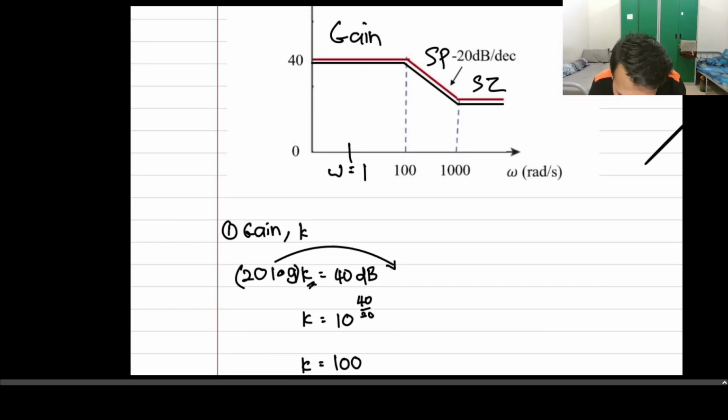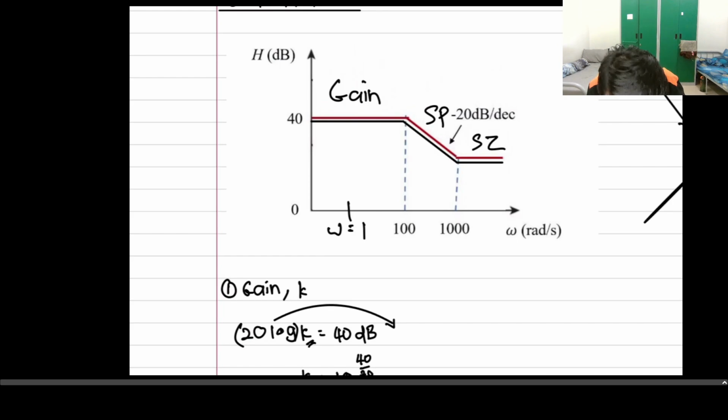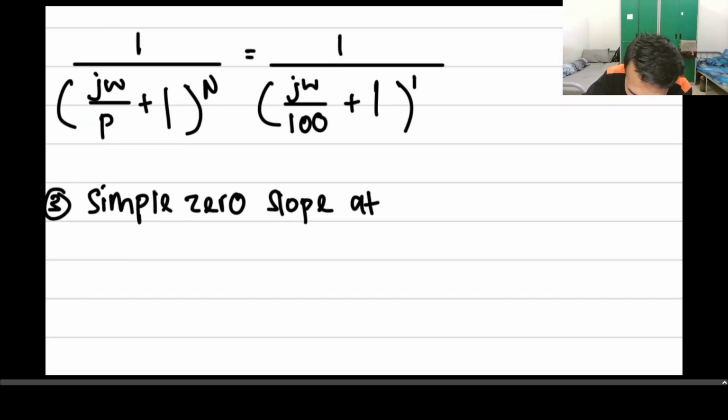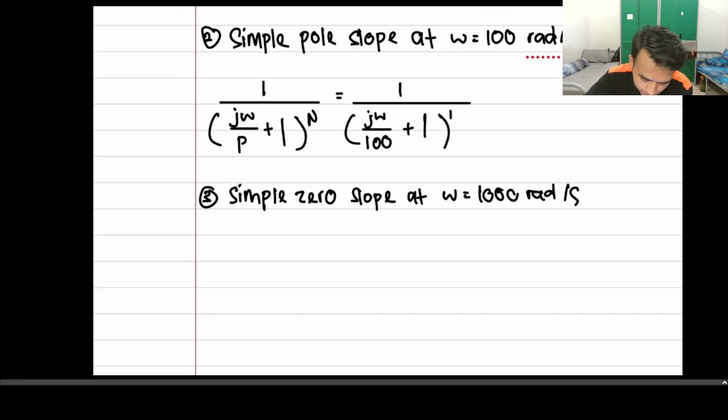You look at the Bode plot back and then you can see that this Bode plot started to become a simple zero at omega 1000 radian per second. So we can write it down as a simple zero slope at omega 1000 radian per second.